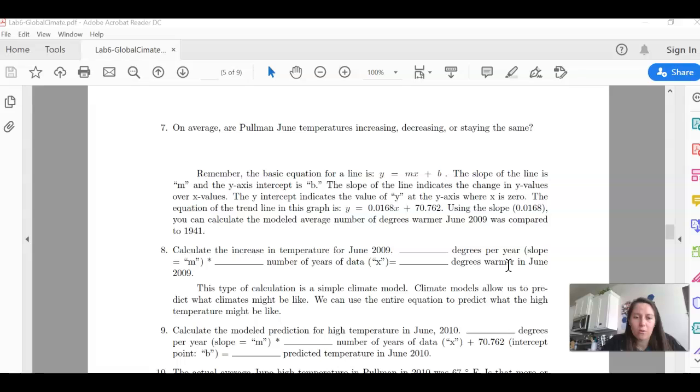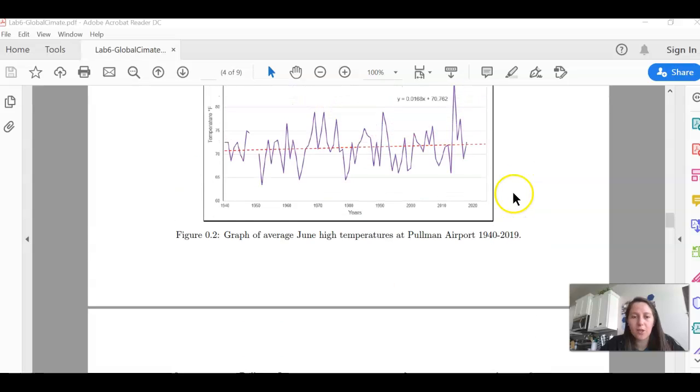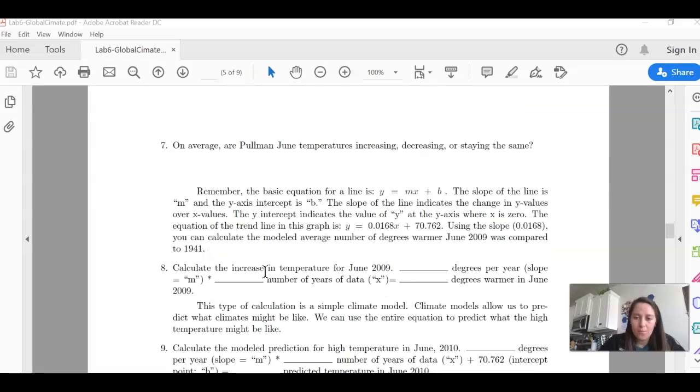In this case, we are considering the year 1940 to be x equals 0, okay? Because that is the first year that we have data for.